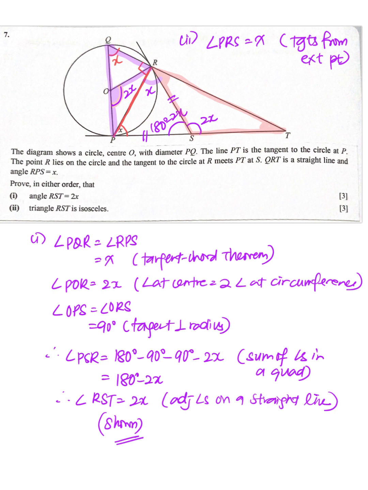So this is equal to x, and then angle SRT will be equal to 90 degrees minus x, because angle QRP is equal to 90, angle in semicircle.